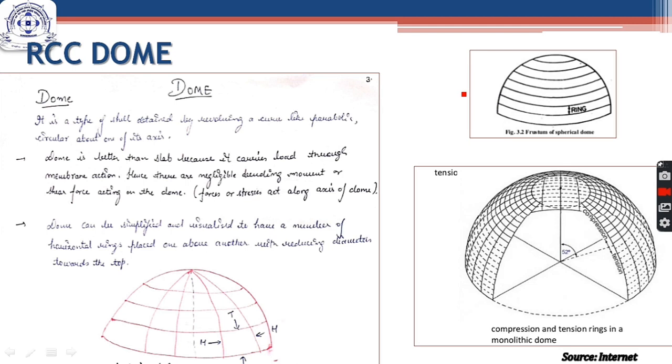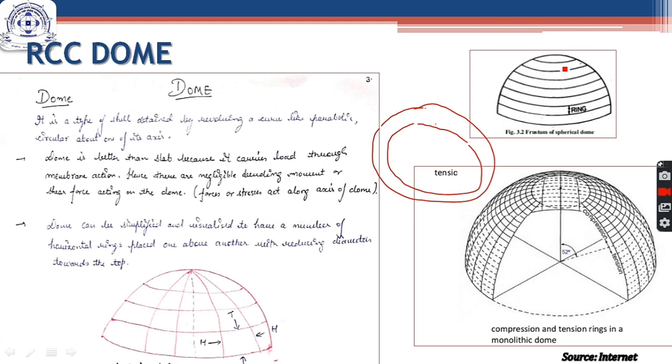And as you can see here, the dome consists of rings of different diameters kept on top of one another. For example, you take a hollow ring of a particular diameter, then above that you put another ring of a smaller diameter, then above that another ring of smaller diameter, so you will get a dome.